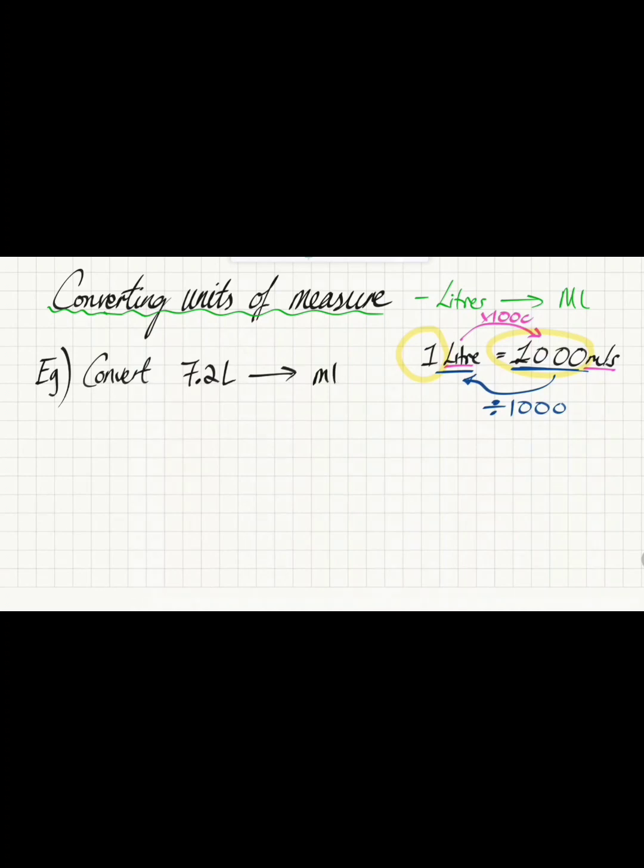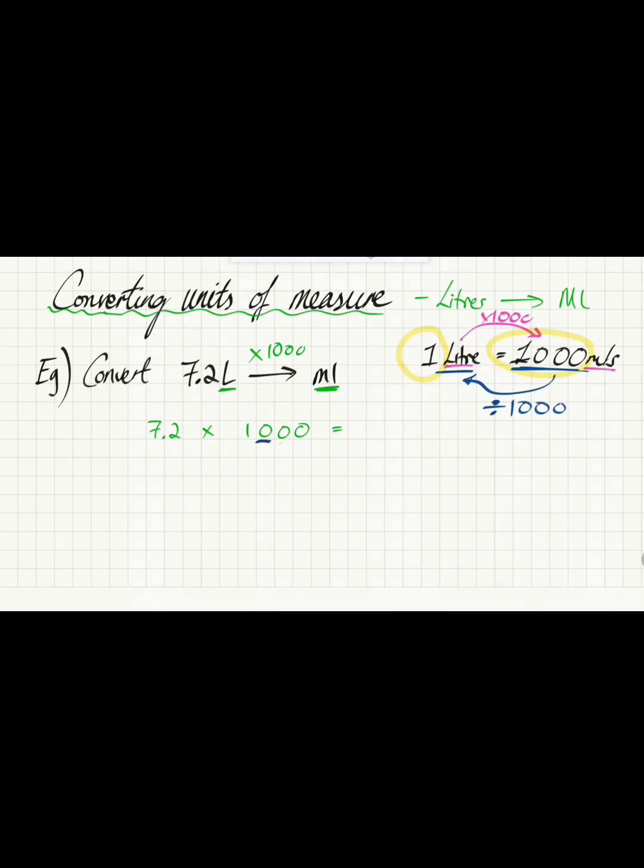Okay, well, we know the rule is litres to millilitres means that we need to multiply by 1,000. So 7.2 multiplied by 1,000 equals, now if you're not quite sure on how to multiply numbers by 1,000, take a look at my previous videos, as I've got a little trick for you there.